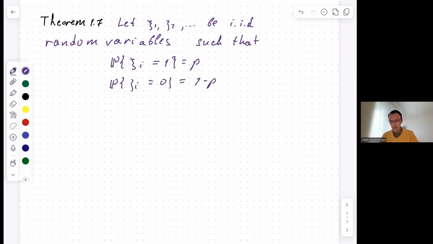Actually, Xi have Bernoulli distribution with parameter p from (0,1).